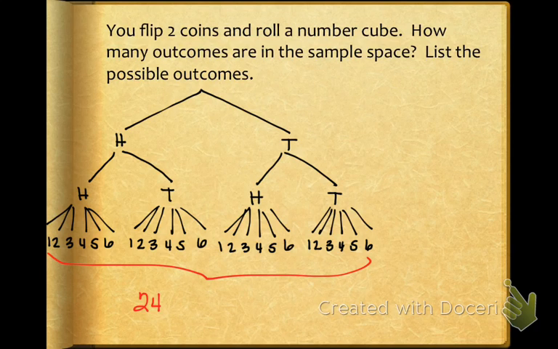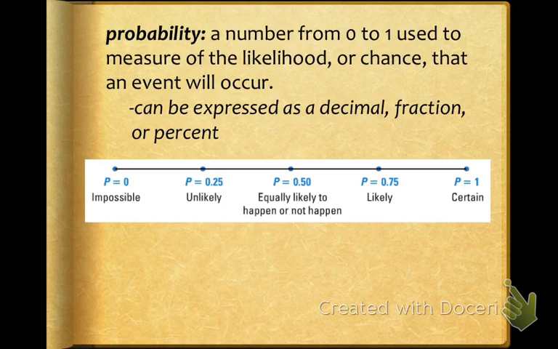There are 24 possible outcomes. You could use that tree then to finish up the question and list all of the outcomes. I'm not going to write those out now because that'd be a long video, but you get the idea. So that's how you can figure out the sample space.